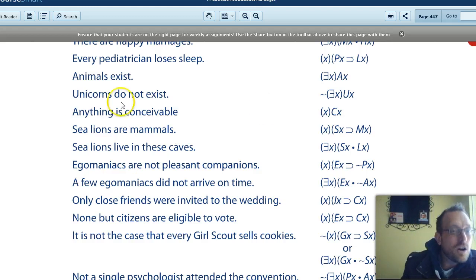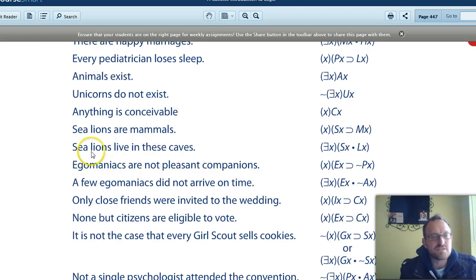So if they're talking about all sea lions, then we would include a universal quantifier. Notice the next one. Sea lions live in these caves. Well, obviously not all sea lions live in these particular caves, which means we're talking about particular sea lions. Notice the term particular. If we're talking about particular sea lions, then we need an existential quantifier, right?